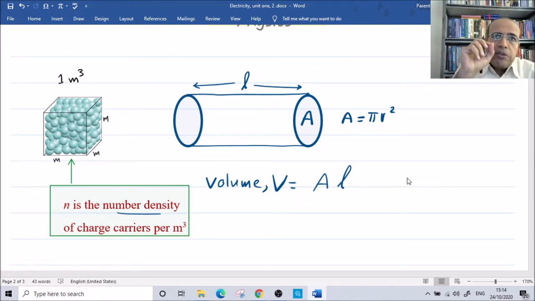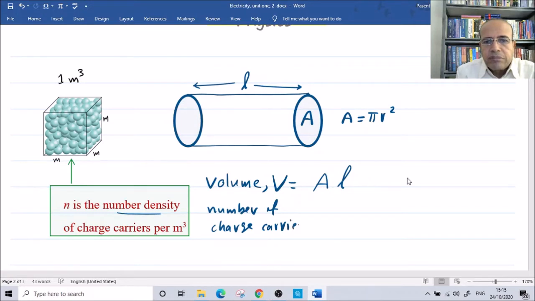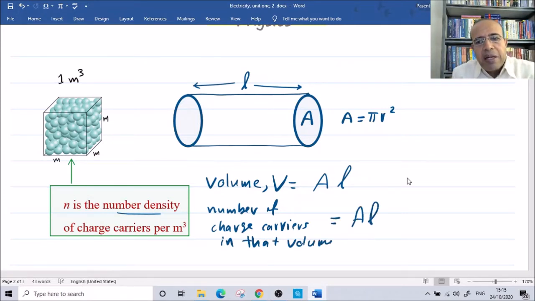So the number of free electrons or charge carriers in that volume is the volume AL multiplied by N, because it is a part of meter cubed.